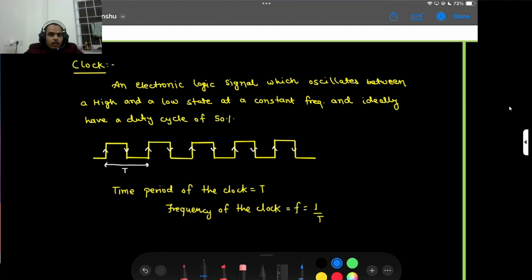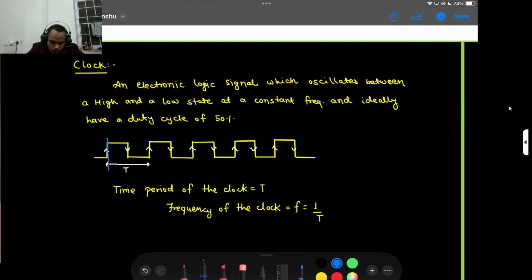The time period of the clock is equal to T and the frequency of the clock f is equal to 1 by T. So 50% duty cycle means our clock is high for 50% of the clock time and low for the other 50% of the clock time.